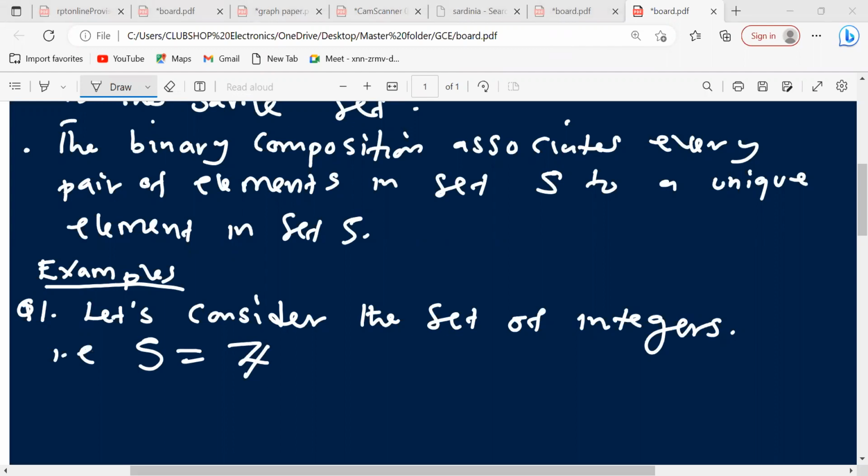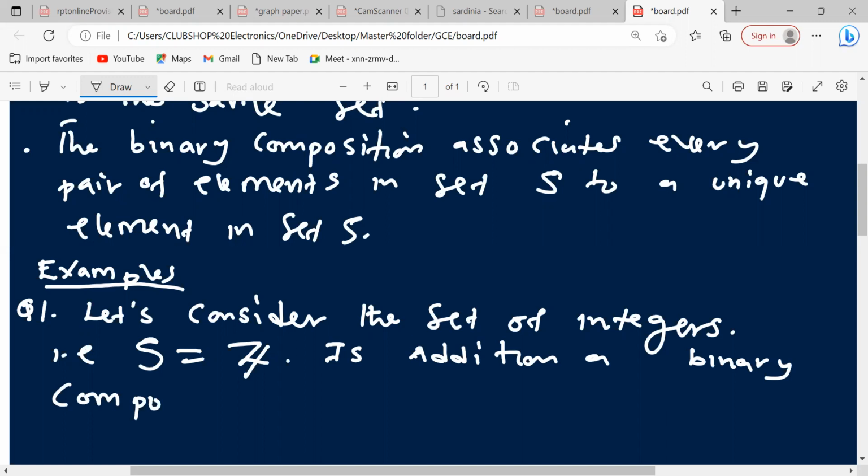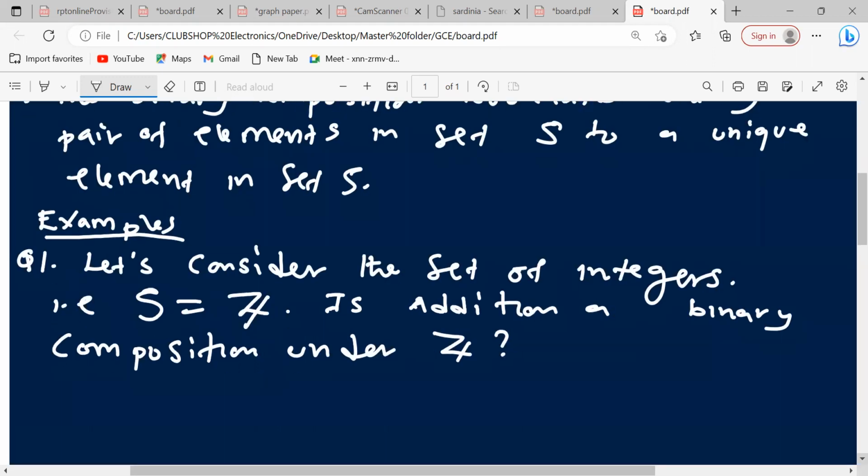Now, we can ask the question: is addition a binary composition under the set of integers? This is what we would want to check.